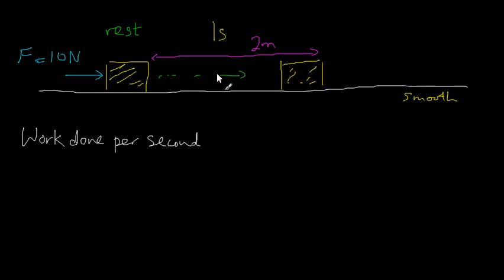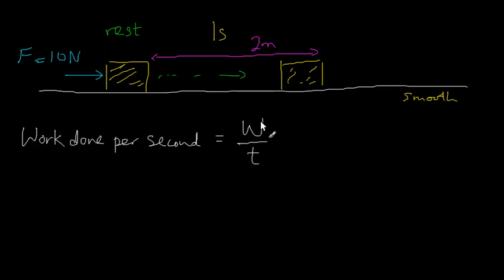Okay, so as I push it every second, I have to do work, right? Because I'm applying this force and I'm moving it over a distance. We can find the work done per second if I know how much work I've done, say W, and how much time has passed, the number of seconds.